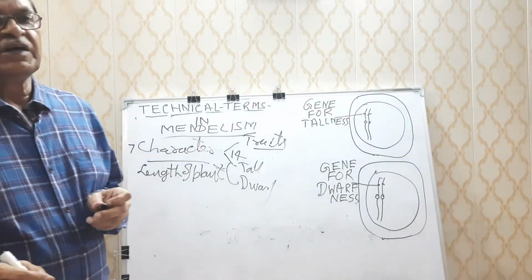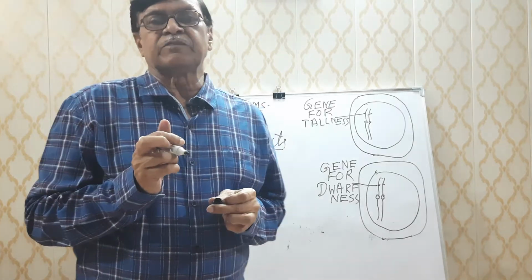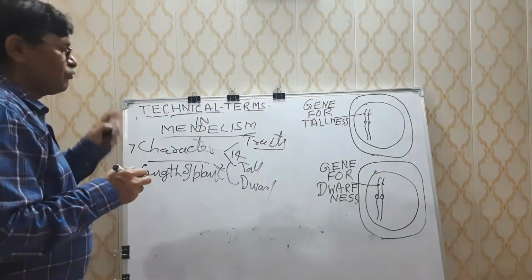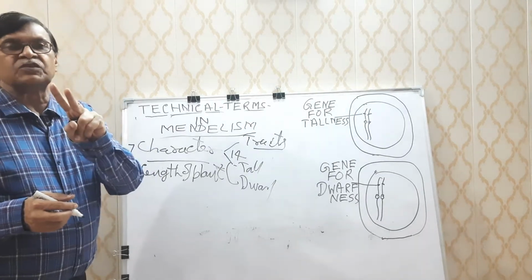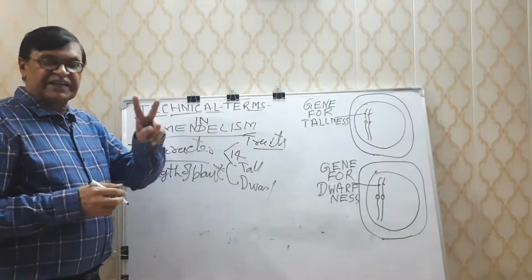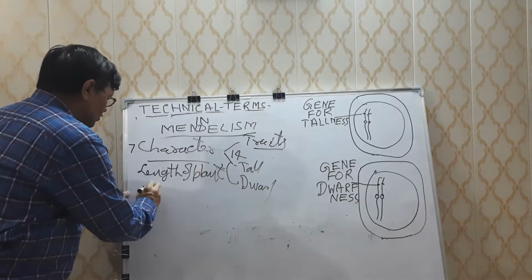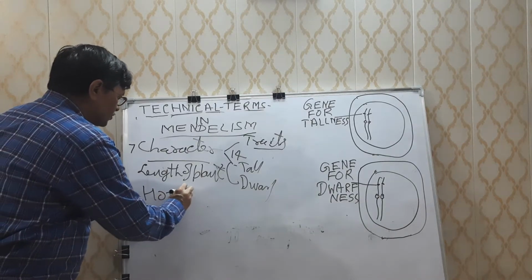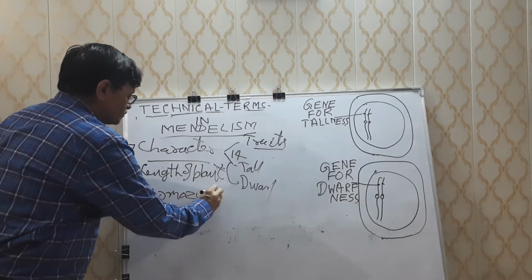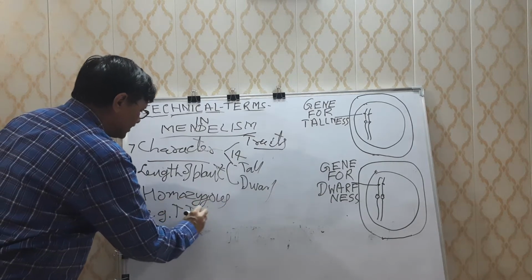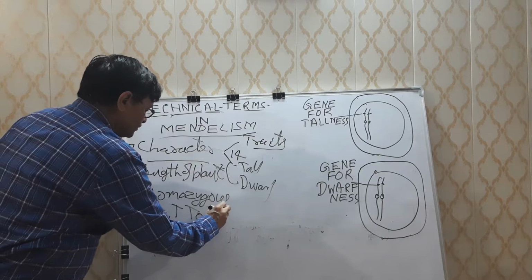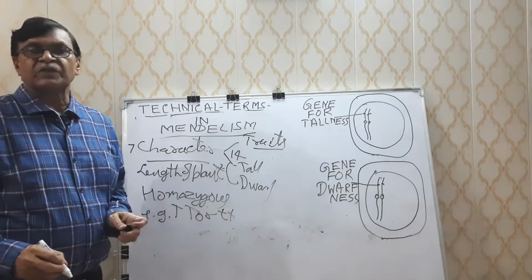Now, Mendel said that when an organism contains both factors of the same type, then they are called homozygous. For example, capital T, capital T or small t, small t.